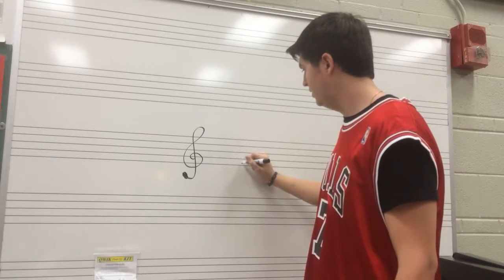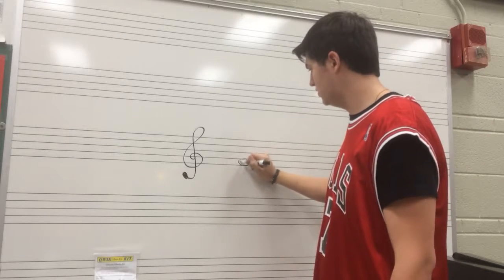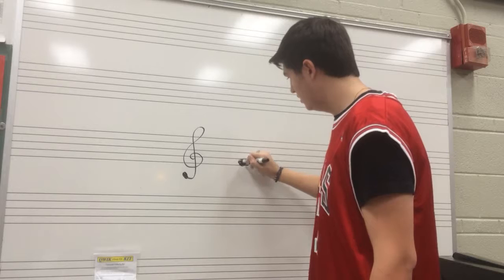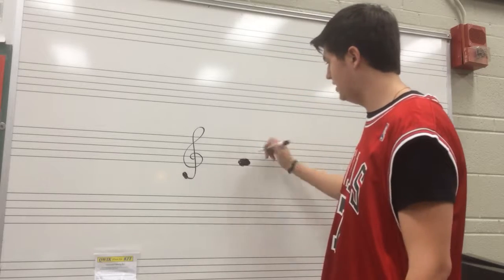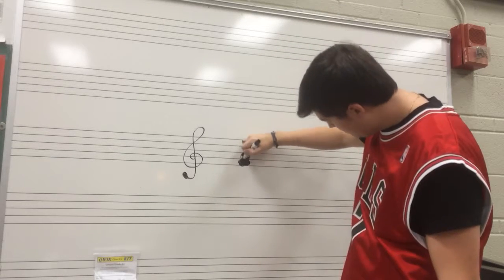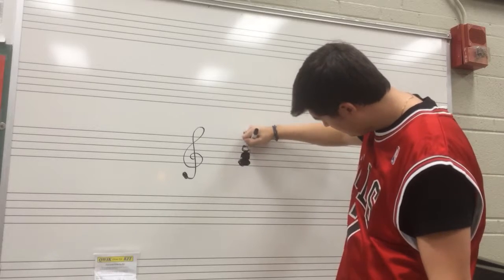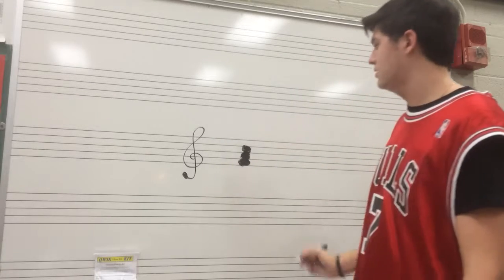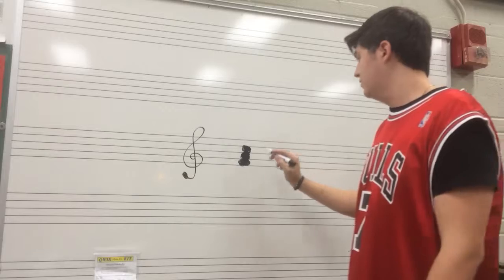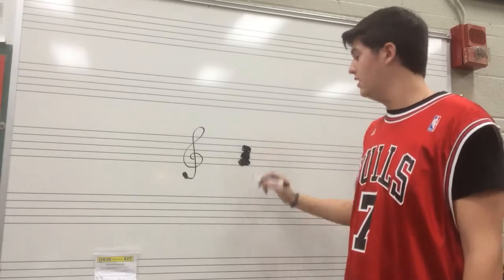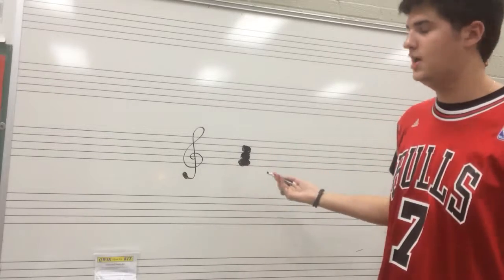So then an interval, let's say it's F, or not an interval, a triad. F, A, C. It's really messy, but yeah. So if it's F, A, and C, then you know it's a triad.